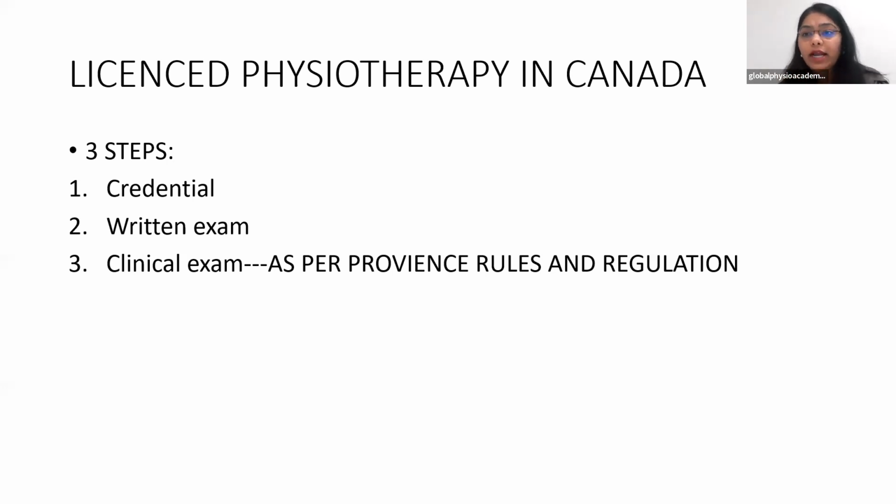If you are coming to Canada, get your license. But if you are not able to get the license in a short period of time, at least you should do the credential. Because credential is the first most important step that everyone has to do. So do your job and then work for your license. That is the most important thing, most important thing.